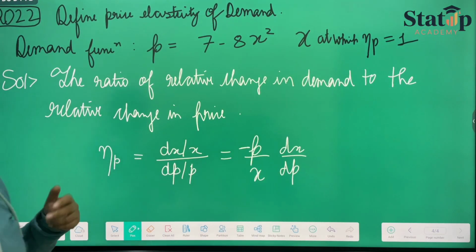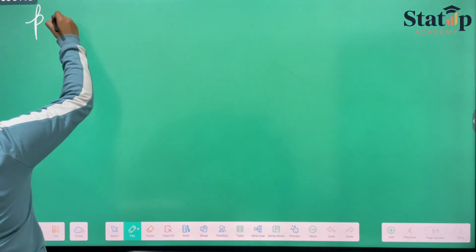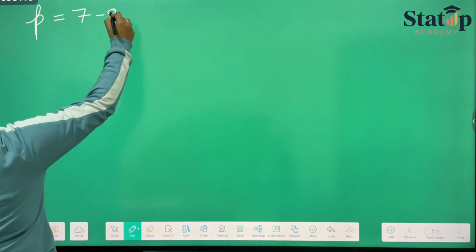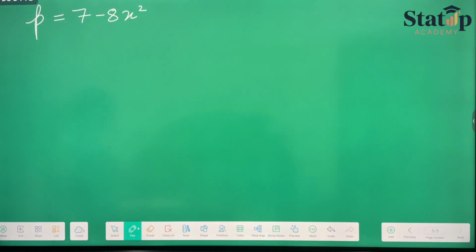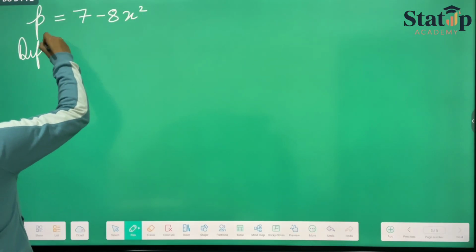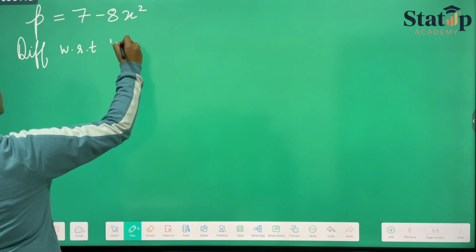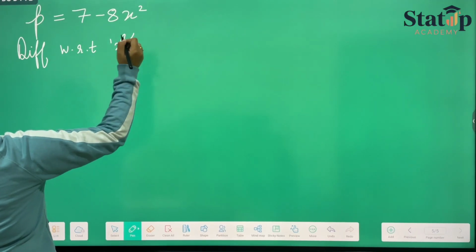So first of all, we will differentiate this demand function p equals 7 minus 8x square. This is the question. We will differentiate this with respect to p.